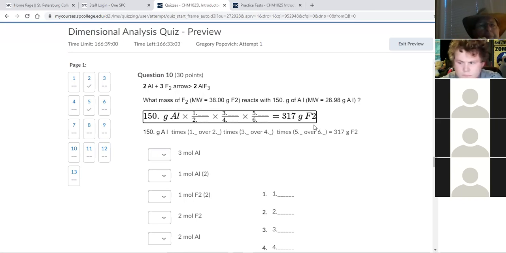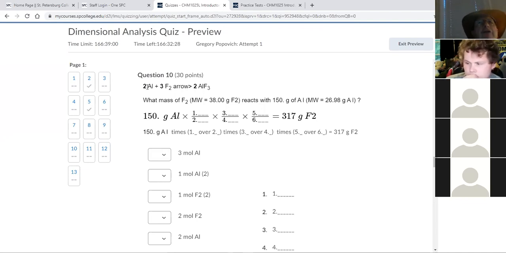Second step, you look at the chemical reaction and the coefficients in front of your particular compounds. You put the coefficient of your unknown over the coefficient of your known, because what this equation is saying is, I react 2 moles of aluminum with 3 moles of fluorine.